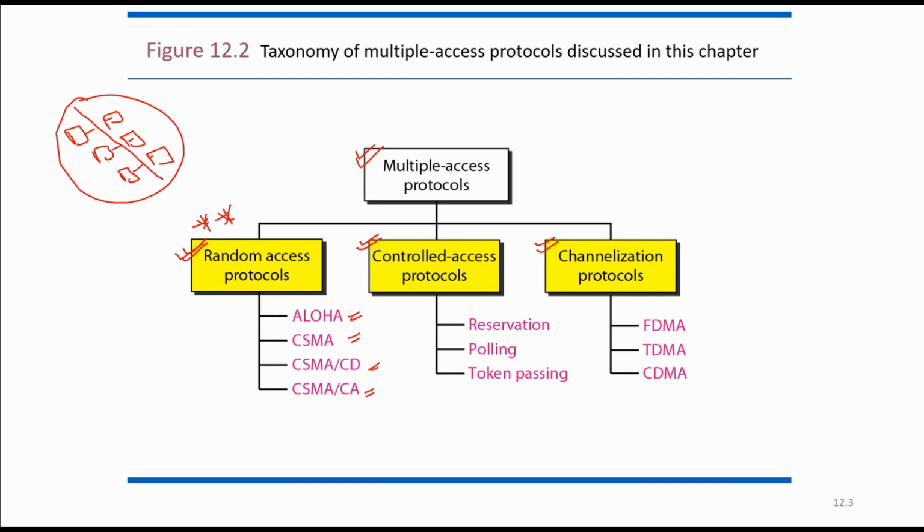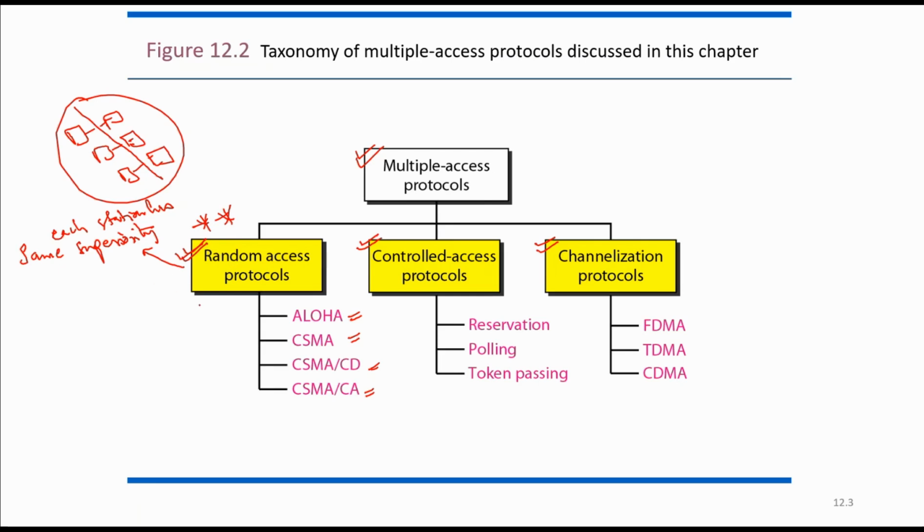It is not like any of the stations has a special privilege over this channel. That is not the case. It is random access. Here, each station has the same superiority, which means there will be no preference given to any station for using the shared channel.